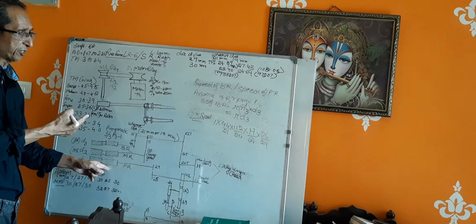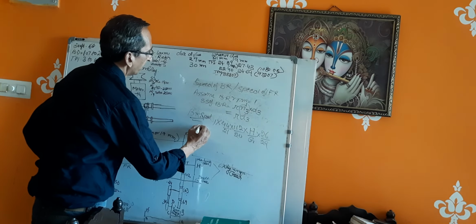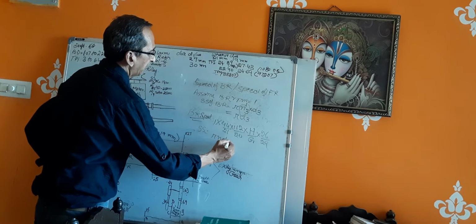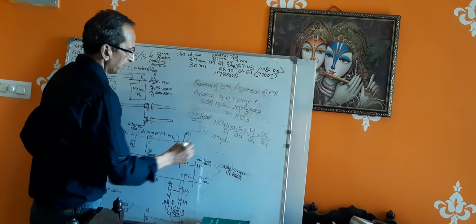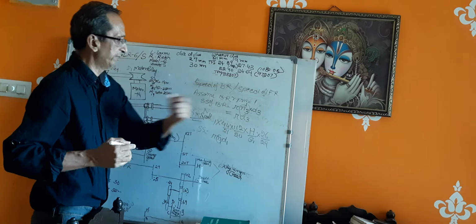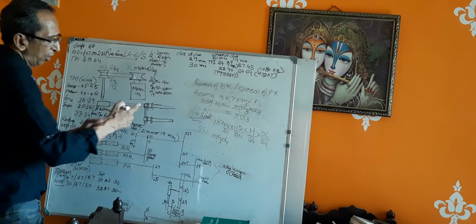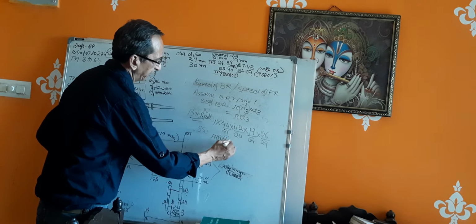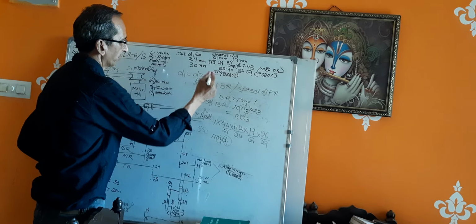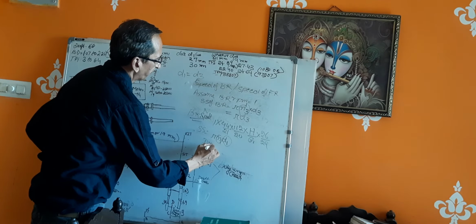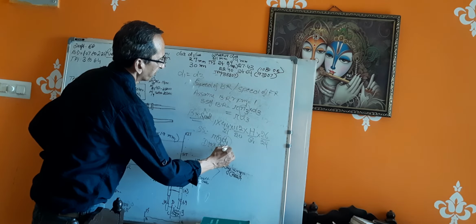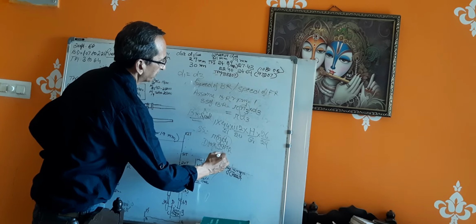Now what will be the surface speed? That is pi N D, that is N1 and D1. We know the value of N1, which we have calculated, and the D1 diameter is the same. Here we have assumed that D1 is equal to D3. So the draft will be surface speed of front divided by surface speed of back roller.